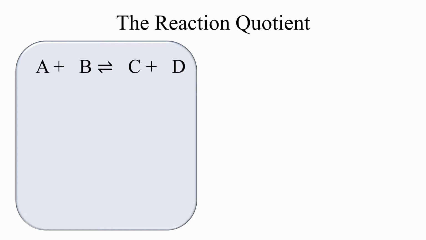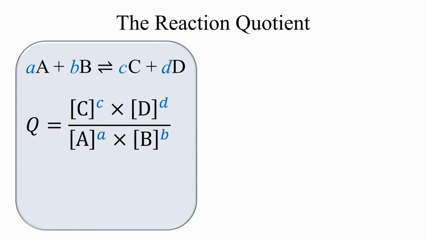If we have some generic reaction, A plus B goes to C and D, with stoichiometric coefficients, then we can quantify the concentrations of the products over the concentration of the reactants using the reaction quotient Q, which is just the concentration of the products raised to their stoichiometric coefficients divided by the concentrations of the reactants raised to their stoichiometric coefficients.